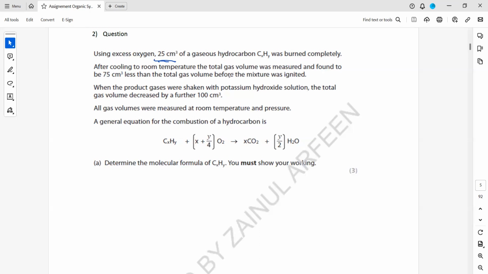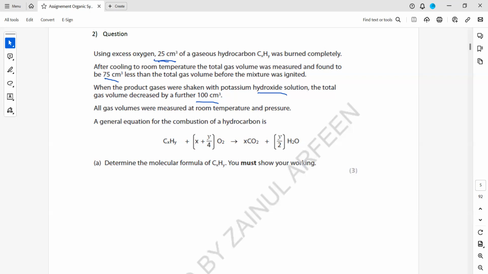And after cooling to room temperature, the total volume of the gas was measured, which is 75 cm cube less than before the mixture was ignited. When the product gas was shaken with potassium hydroxide, the total volume further decreases by 100. So potassium hydroxide will react with the formed carbon dioxide.